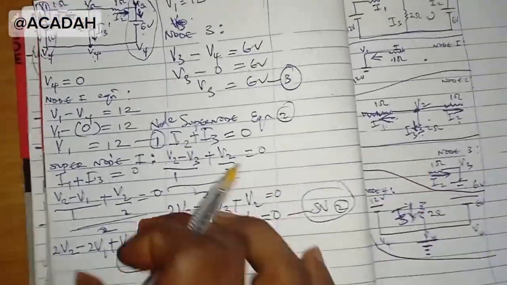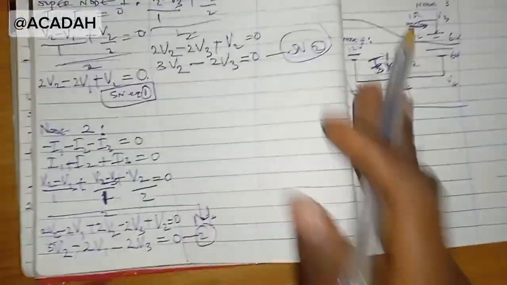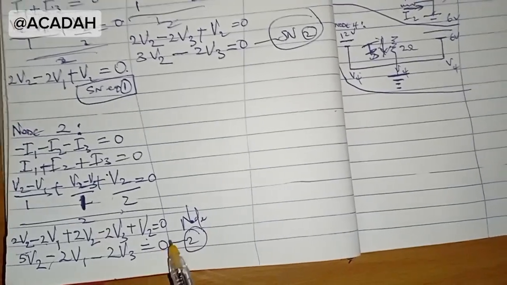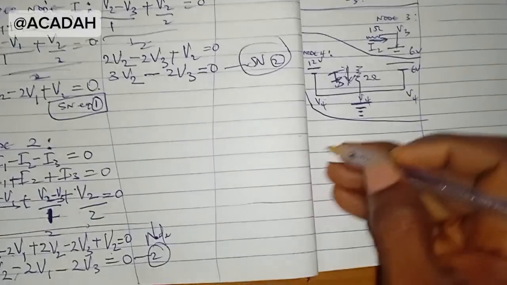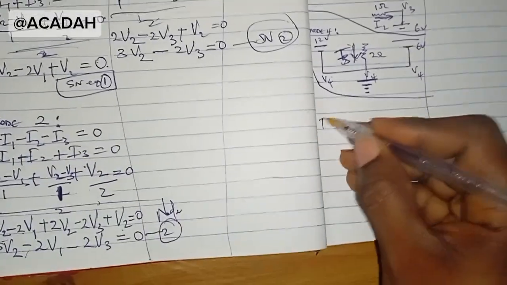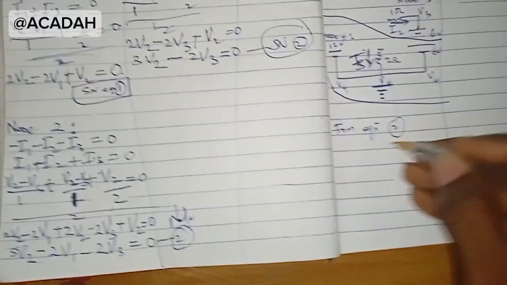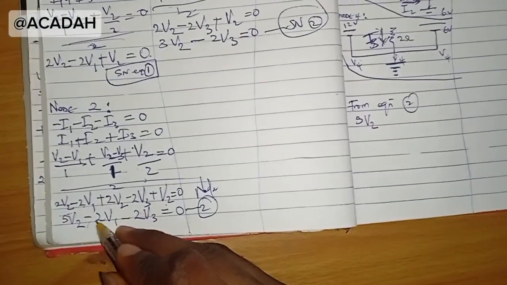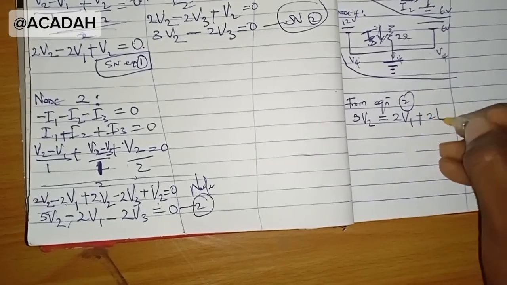If I want, I can combine these two, but I just want to come here and simply go to the node equation. Node 2 has just node, not supernode. So to find V2 here, from equation 2, which is 5V2, let these things now cross the equality sign, equals to 2V1 plus 2V3.